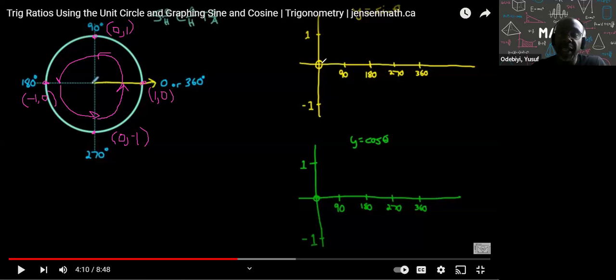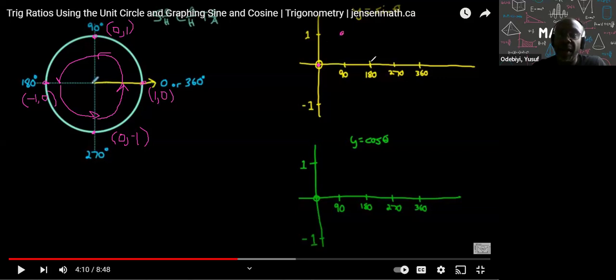Okay, you're going to see, if I were to plot the unit circle versus the angle, when I'm at angle 0, I start off at 0, but when I'm at angle 90, I'm at 1 on the unit circle.